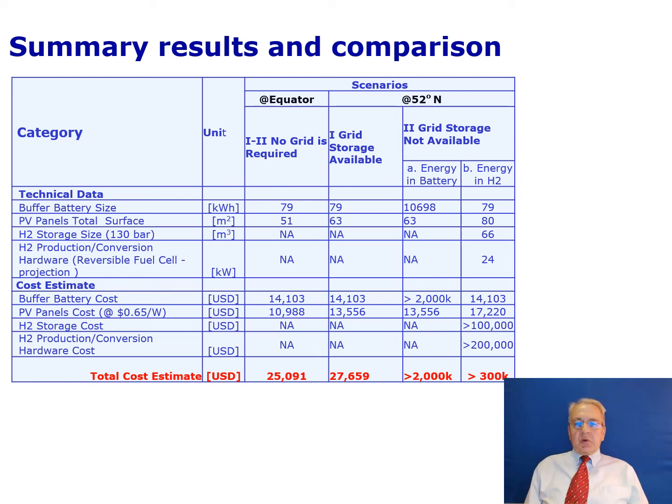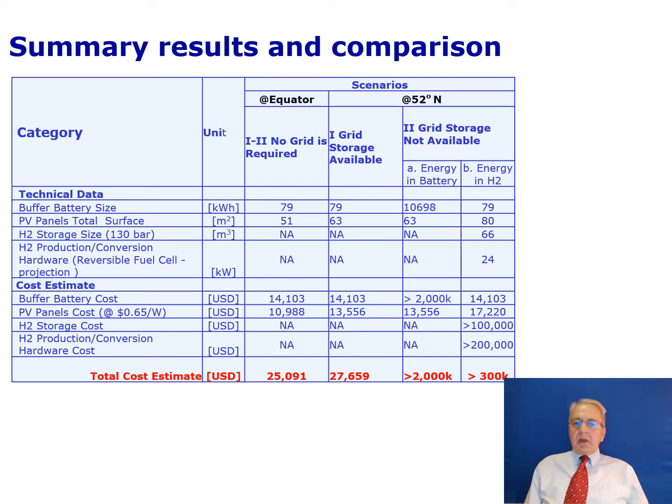In scenario 2, when there is no grid storage available, we need to use a very large battery in order to satisfy the requirements. This is not feasible because then the battery size is prohibitive, about 11,000 kilowatt hour. The costs are over 2 million.